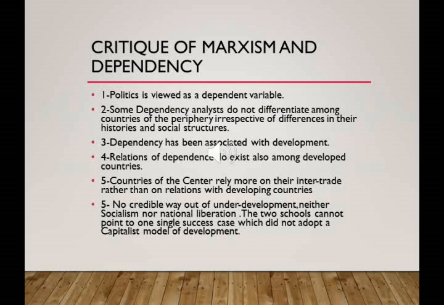A fifth point is that the two schools, in fact, do not offer a way out of underdevelopment. Is socialism the way out of underdevelopment, according to Marxists? But we have seen fall of socialist regimes in Eastern Europe, and the failure was economic as well as political and cultural also.